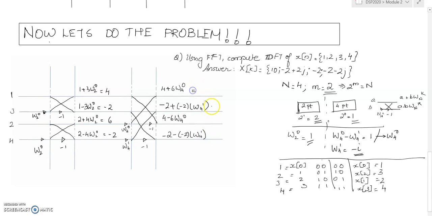When we compute this, W40 is 1 essentially, so this will be 10, and this will be -2.